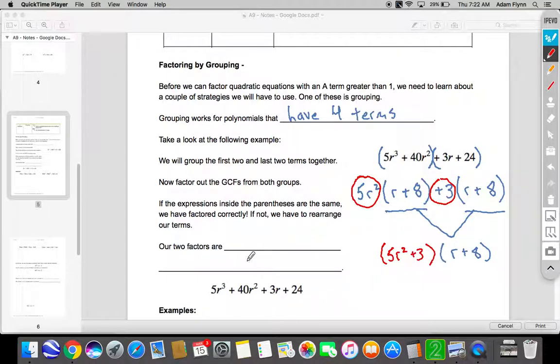Our 2 factors are whatever is in the parentheses and then whatever is outside the parentheses.